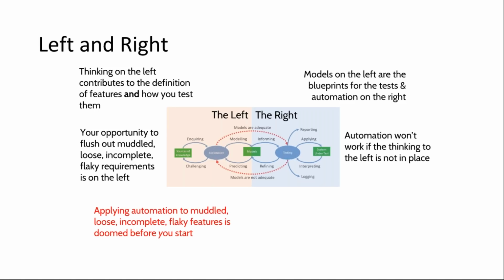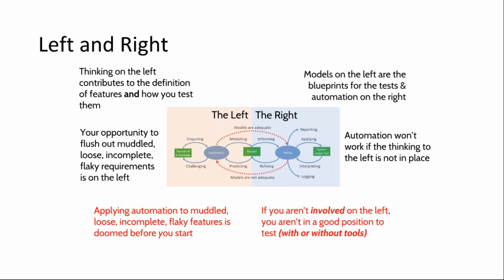So, to summarize this, if you are applying automation to muddled, loose, incomplete, flaky features, we're just writing some test automation after the code is written without any real deep understanding of the requirement, that's doomed to fail. Okay, there's no debate about that. I mean, we've all done it. We've all had that experience.